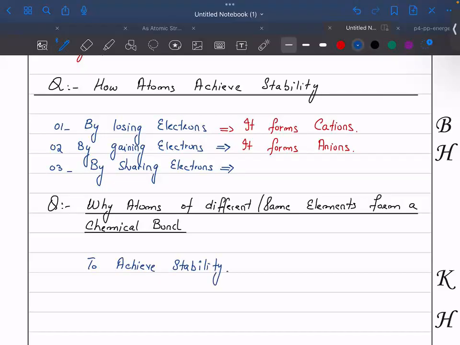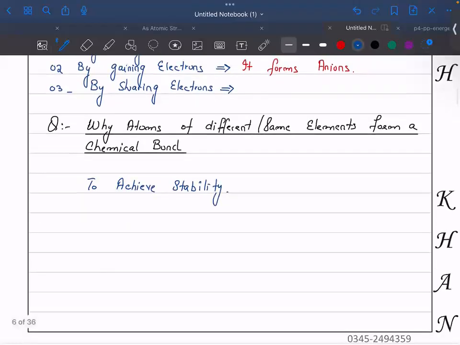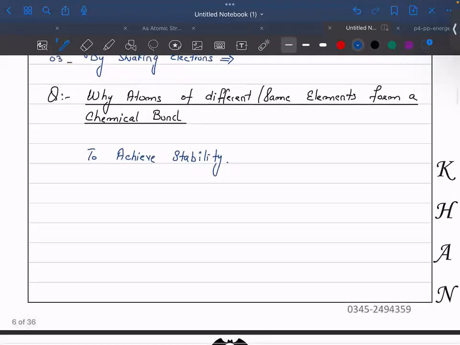Right? And how do atoms form chemical bonds? There are three types of chemical bonding. तो वो भी हम पढ़ेंगे, types of chemical bonding.